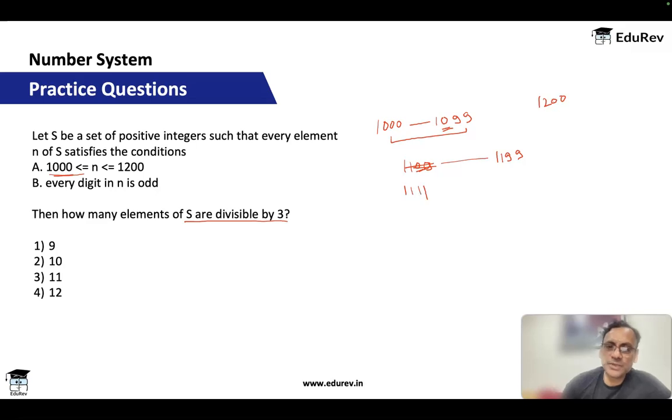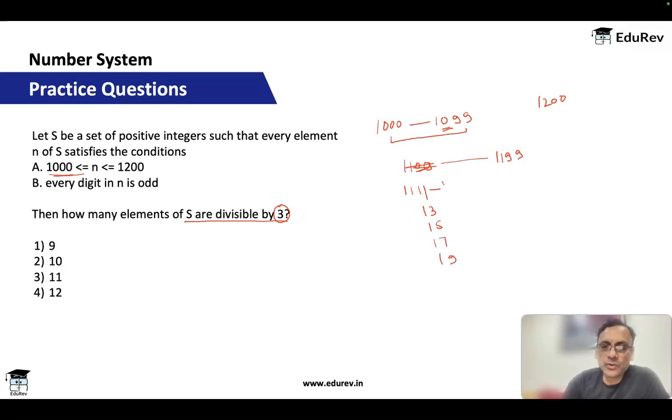Right? So from here, it has to be divisible by 3. Okay, so 1111 gives you a digit total of 4, which obviously is not possible. Then after this you'll have 1113, 1115, 1117 and 1119. Right?